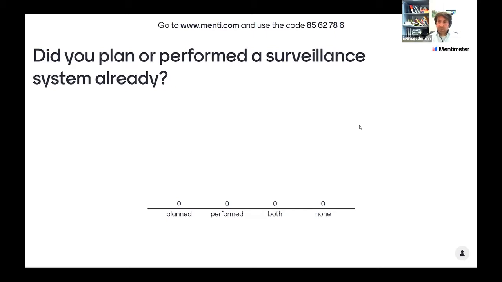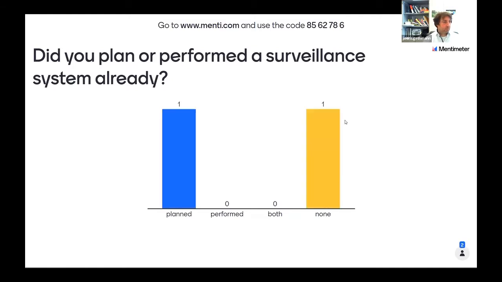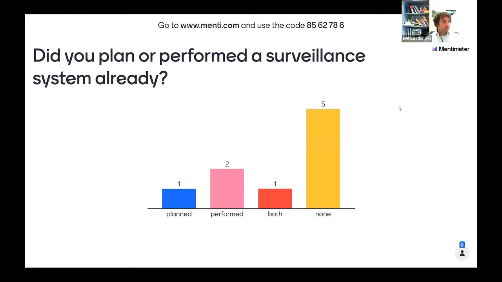So I don't need to hide the results. So maybe for those who performed only the surveillance systems, it would be interesting to understand why it is planned in this way.